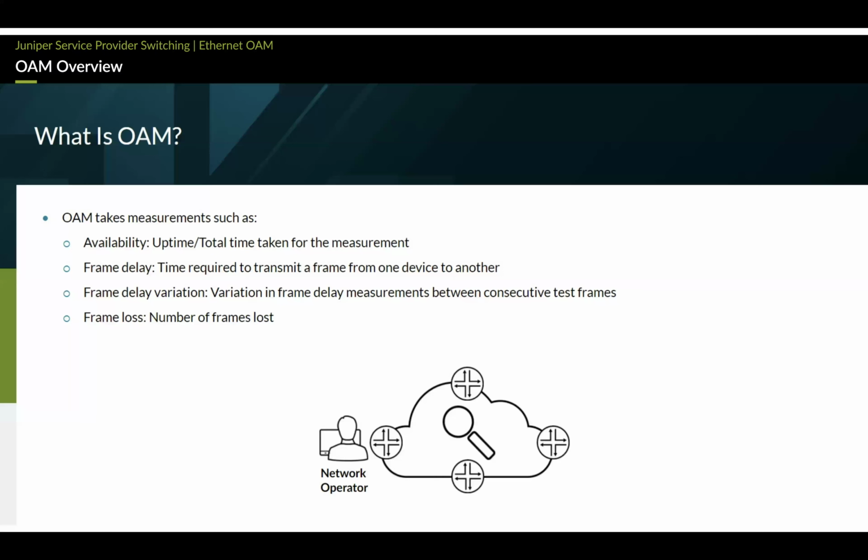What is OAM? Operation, administration, and maintenance. It's basically related to Ethernet. OAM takes measurements, such as availability. Availability is network uptime converted to a percentage, like 99 point something percent.